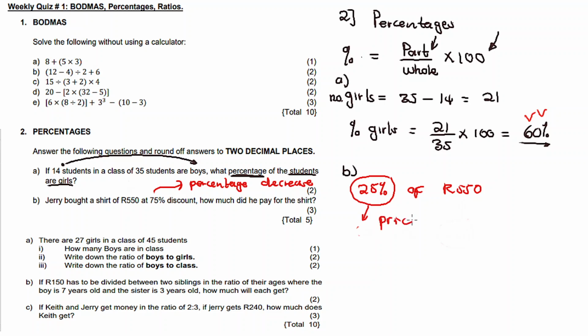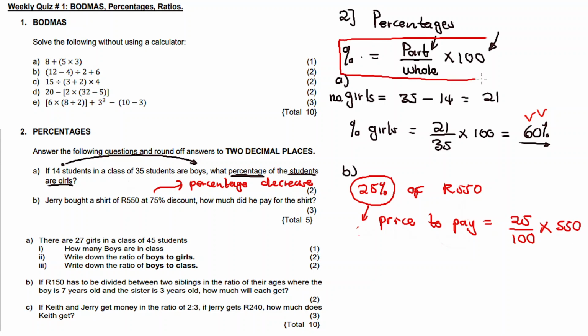All right, so the price to pay for the shirt. Price to pay is what? It's the 25 divided by 100, multiplied by the full price, the original price. So this formula was allowing us to calculate what? A percentage. Here, we are given percentages to work with.